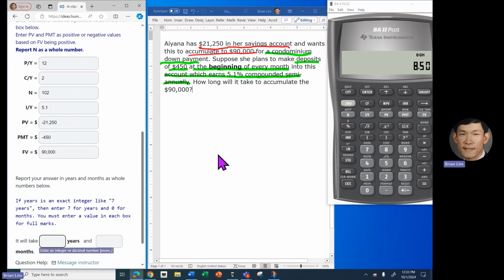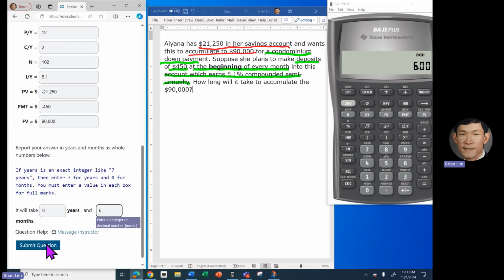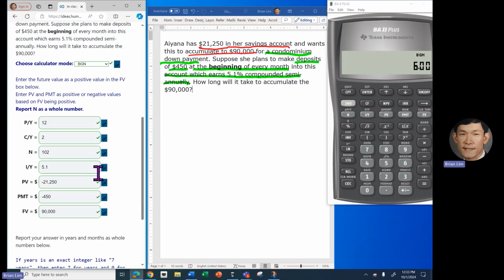So now we take the integer or whole number part of the mixed number 8.50 and we insert 8. That is the whole number of years. So we need to subtract 8, and that remainder of 0.50 will now be converted into months by multiplying by 12. And we multiply by 12 and we get 6 months. So that hopefully is correct. We submit and all is correct.